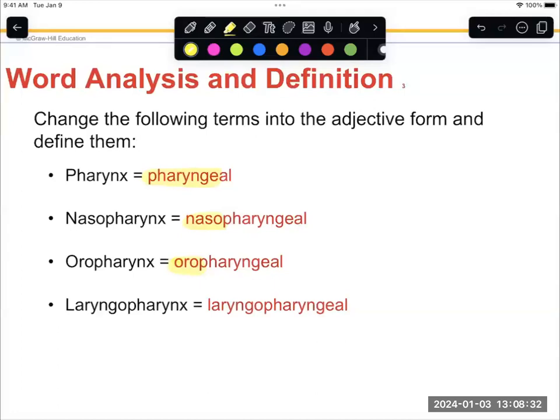My combining form, that laryngo or larynx, so that laryngopharynx is the region of the pharynx below the epiglottis that includes the larynx.